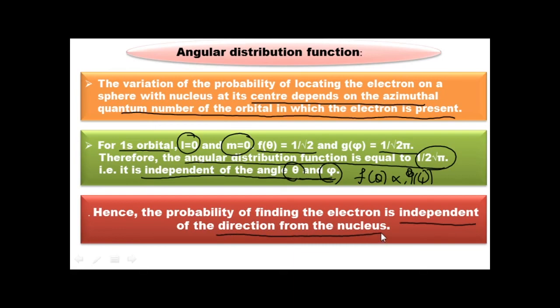There is no particular direction, it is all directions. For example, this direction, this direction, this direction. So the electrons are evenly distributed in all positions in a spherical shape. That's why this is independent of the direction from the nucleus.